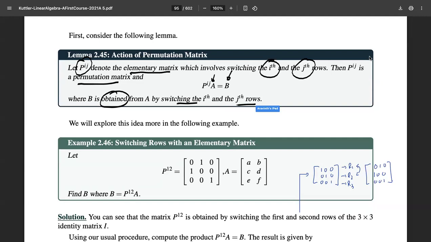So this essentially tells us that, let's say i is 1 and j is 2, right? P12 is the elementary matrix which swaps rows 1 and 2, right?